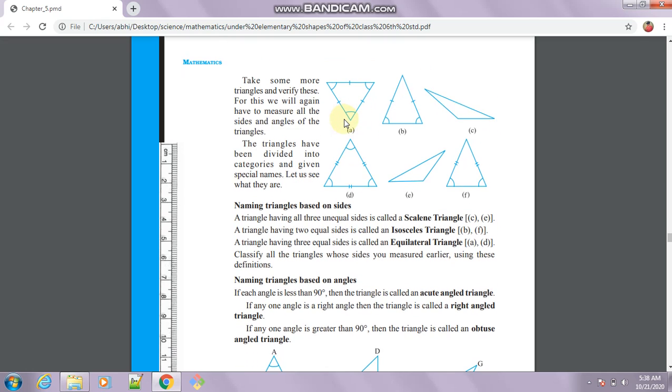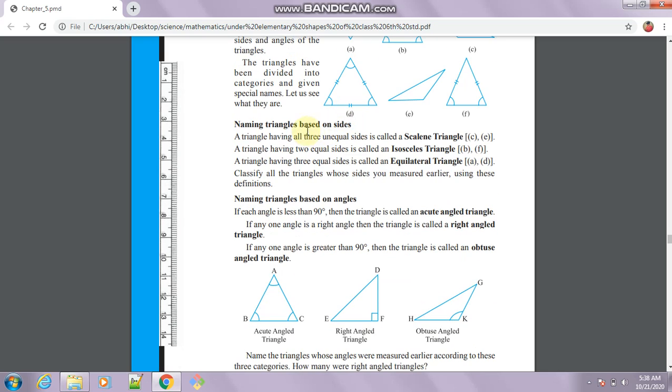Next, we'll move on. This is based on the sides. We have classification based on the angles. If each of the angles is less than 90 degrees, the triangle is called an acute angled triangle. If one of the angles is 90 degrees, it is a right angled triangle.